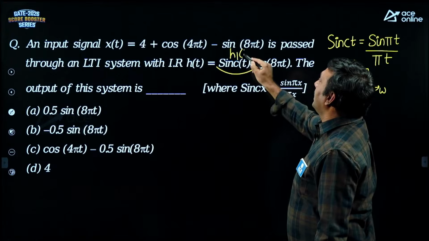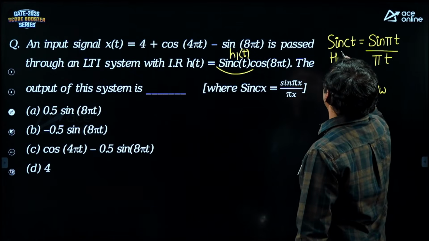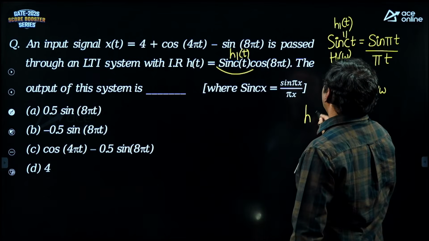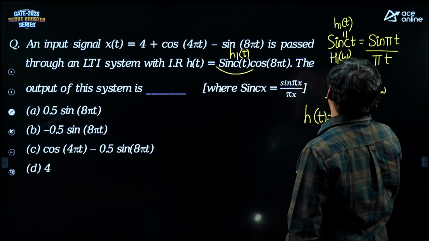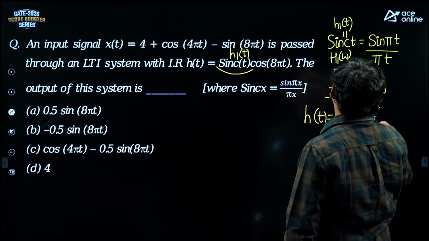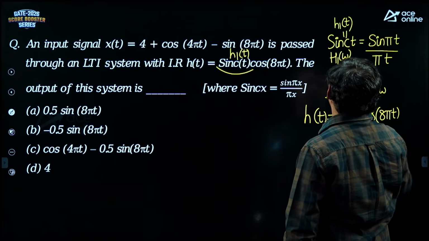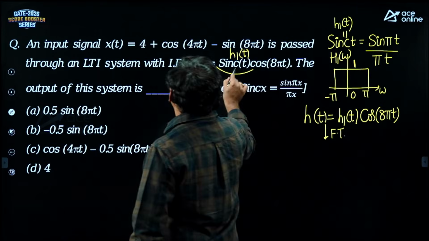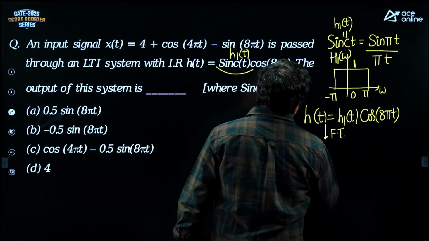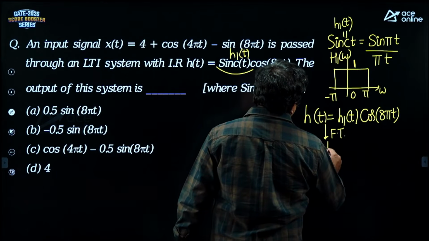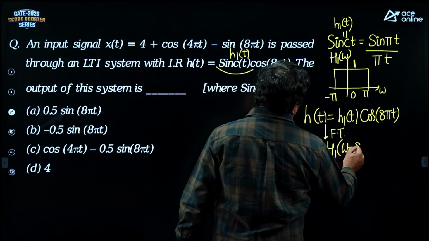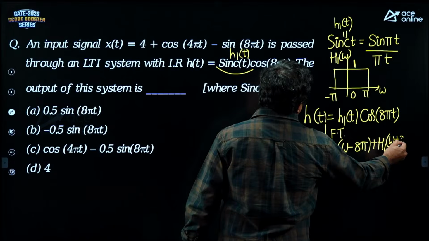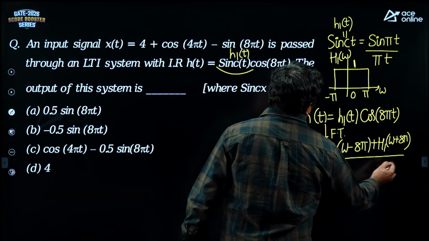Let me name that as h1t for understanding purposes. So h of t is nothing but h1t cos 8 pi t, which is our modulation property. Assuming sinc t as h1t into cos 8 pi t, H omega becomes what? H1 of omega minus 8 pi plus H1 of omega plus 8 pi, whole divided by 2.